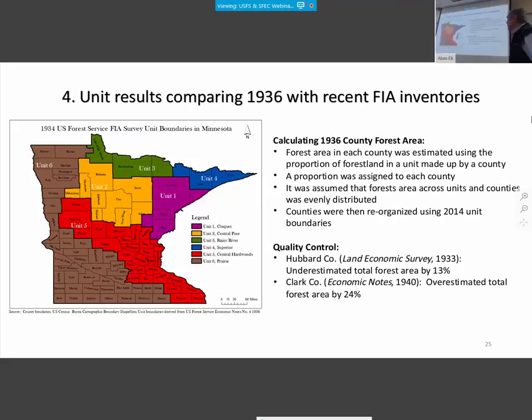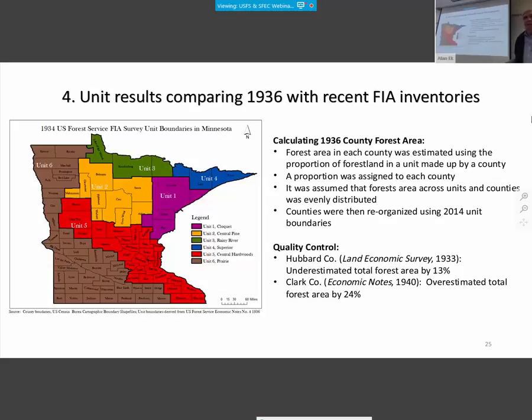Even back in the 30s, there had to be some cooperation between parts of agencies to get things done. The National Forest System, or the Superior and the Chippewa, be that as it may then, were tasked with providing their data on that unit. They provided everything the survey itself collected in the other units, except they did not provide any trees per acre data.